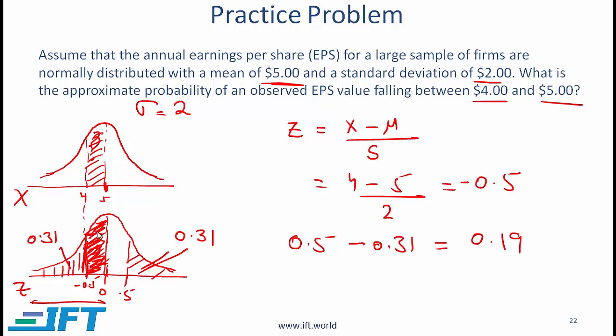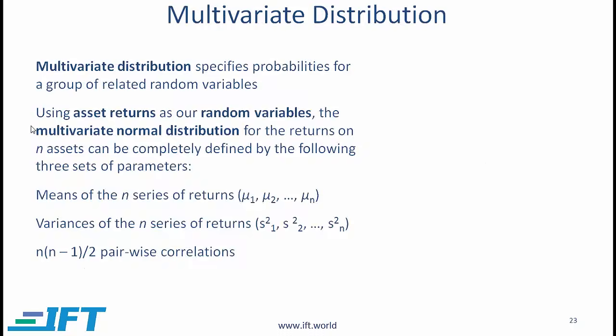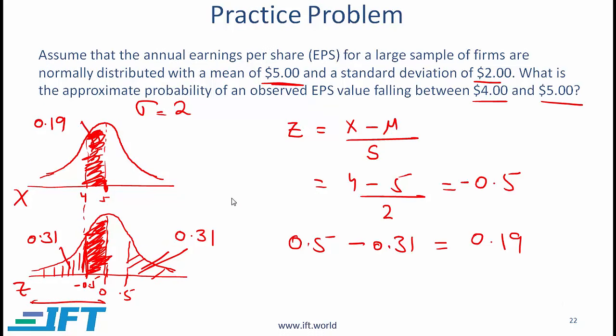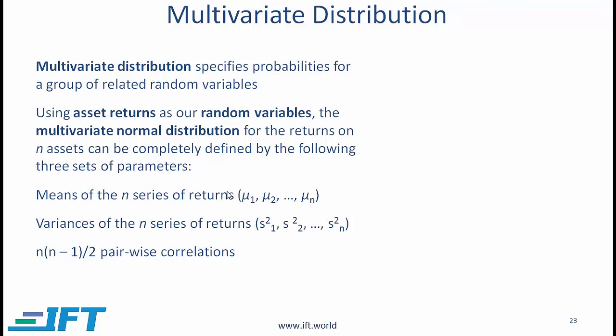That 0.19 is the same as this area over here. So the probability that the EPS will be between 4 and 5 is equal to 0.19. What we have covered here might seem complicated if you've not seen this material before, but with sufficient practice you will realize that this is fairly mechanical and straightforward.